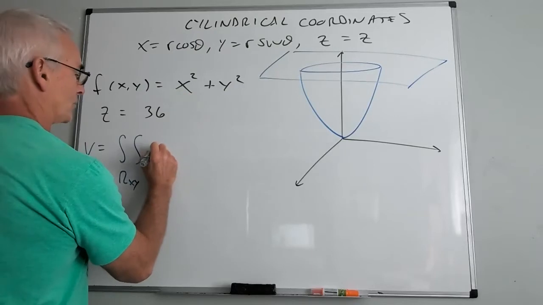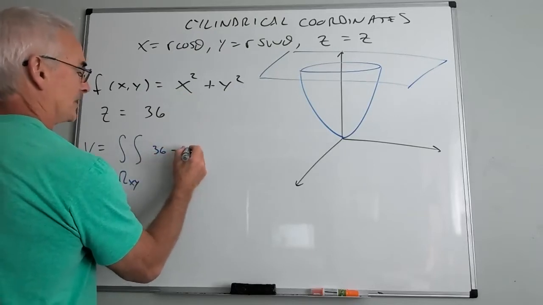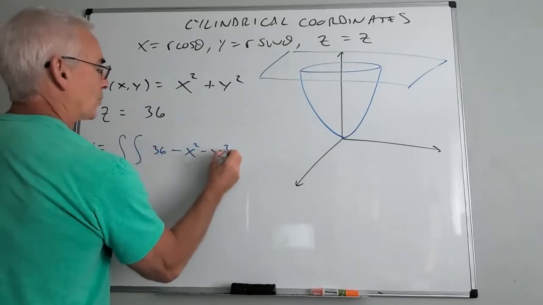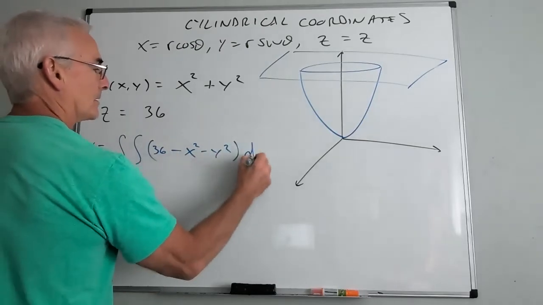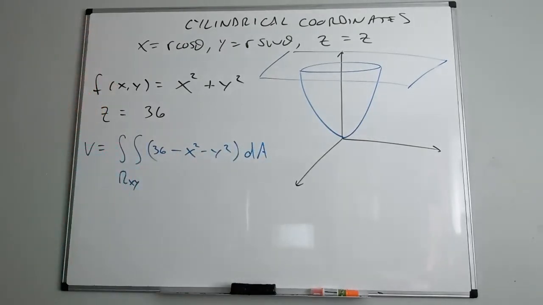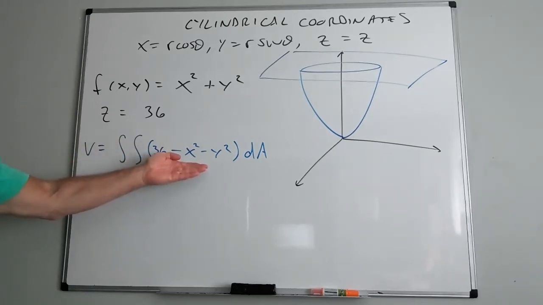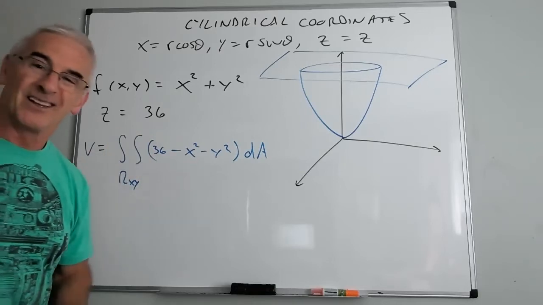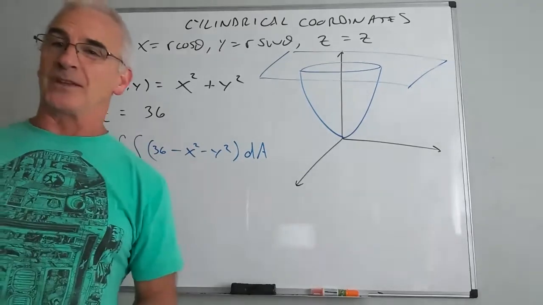So my integrand would be 36 minus x squared minus y squared. This is exactly what I would get. Now, I can easily integrate this. There's nothing tricky about this integrand. The tricky thing is about my region in the xy plane.